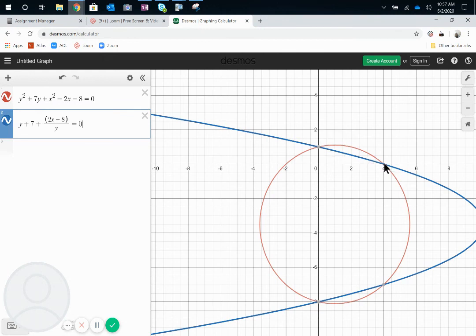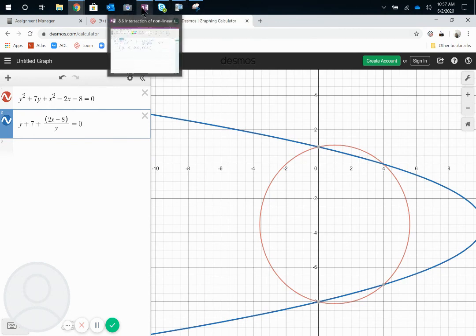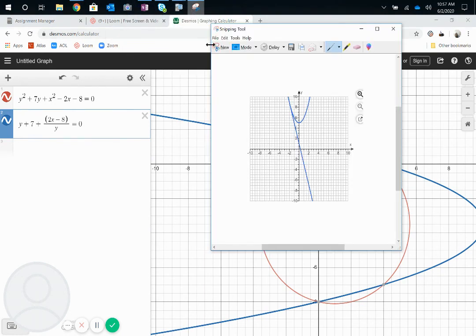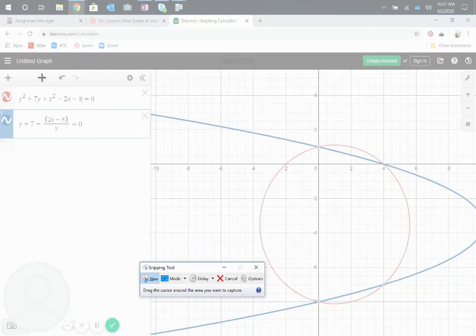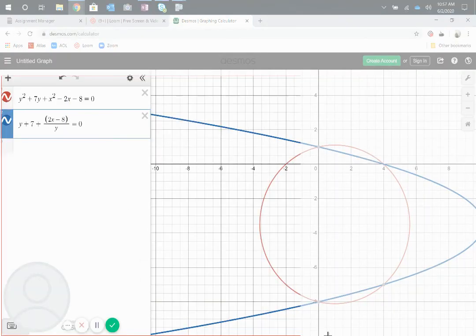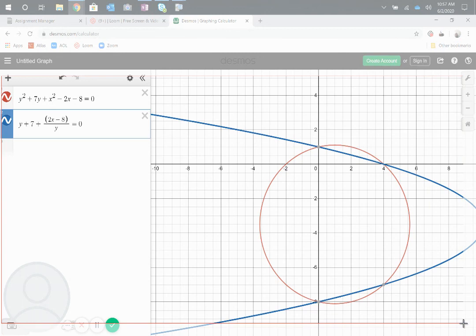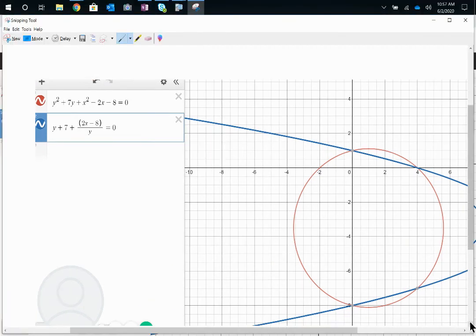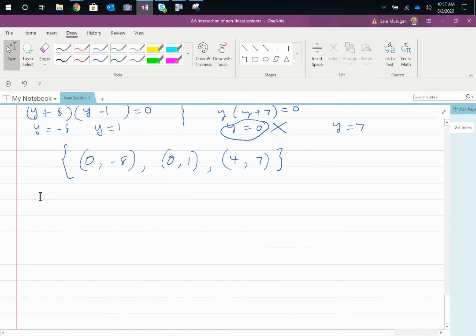So this one here, the 4 and 0 one, does not exist because y cannot be 0. So right there, I'm going to do a snap of this graph and bring it over to the notes so you can have it. Okay, let's put that in our notes.